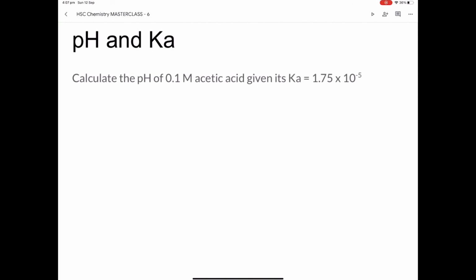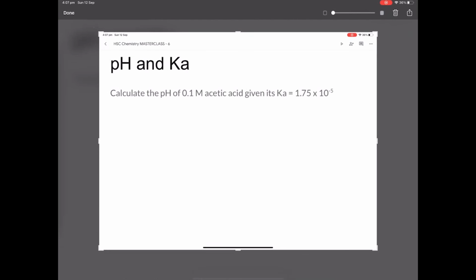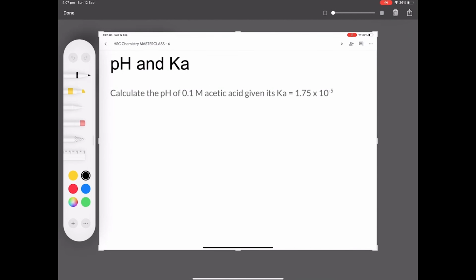Okay, so Taha, what's the first thing that comes to your mind with this question, with its approach? Well, I can see that there is Ka, and my goal, since it's to find pH, is to find the concentration of H, which I can do using Ka.